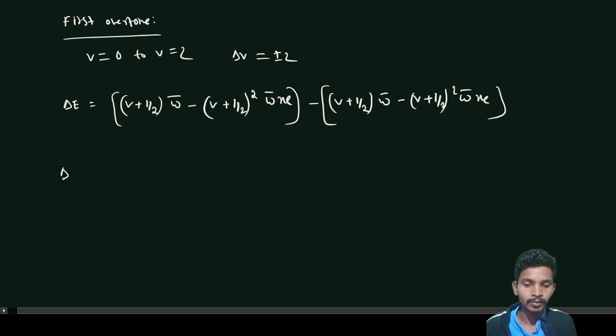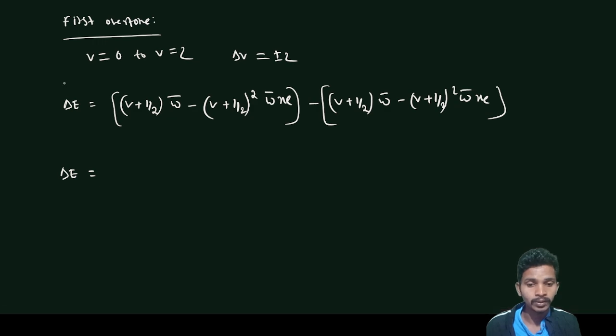So now if I put delta E here, first v equal to 2, because delta E is E2 minus E0. So here I will put 2, and this 1 upon 2: 2 plus half, that is 5 upon 2.